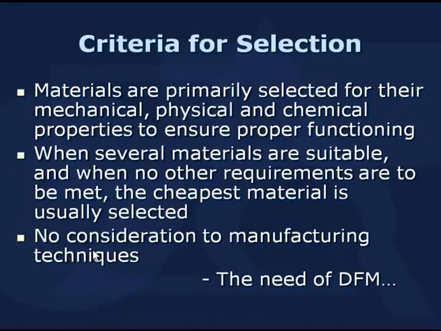Now on your screen, you can see materials are primarily selected for their mechanical, physical and chemical properties to ensure proper functioning. So first and foremost, we have to select a particular material which has specific mechanical, physical and chemical properties which do not lead it to failure in the service requirement.